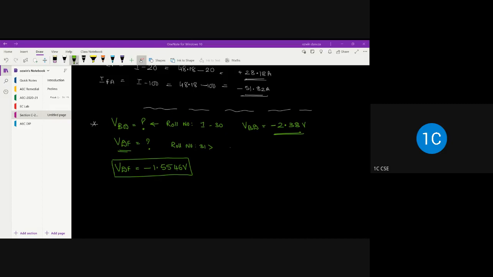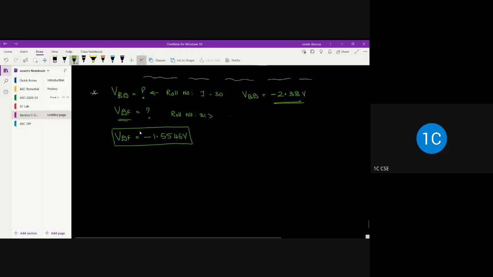You want me to show how I have obtained VDF as minus 1.5546? Okay, so quickly I will do it. Others, please bear with me for some more time. DEF, right? This is how I do it.